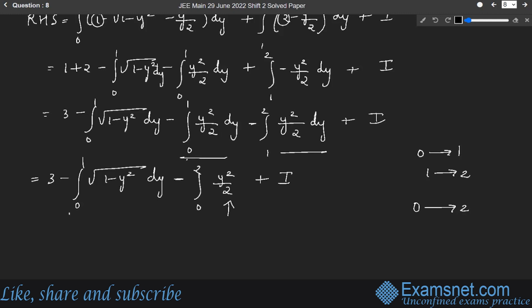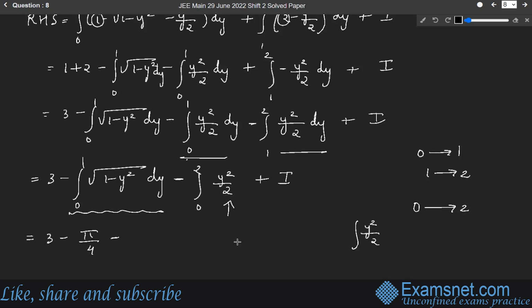And the integral of 0 to 1 under root of 1 minus y square is equal to pi by 4. So 3 minus, what is the value of integral of 0 to 1 under root of 1 minus y square? It is pi by 4. Minus, when we integrate this, what is the value of integral of y square by 2?